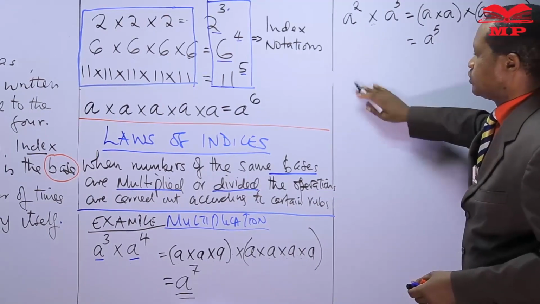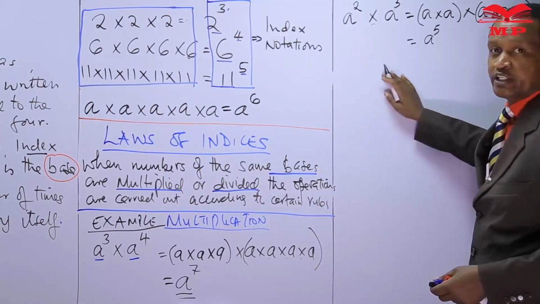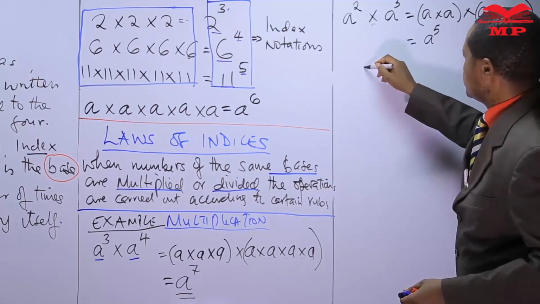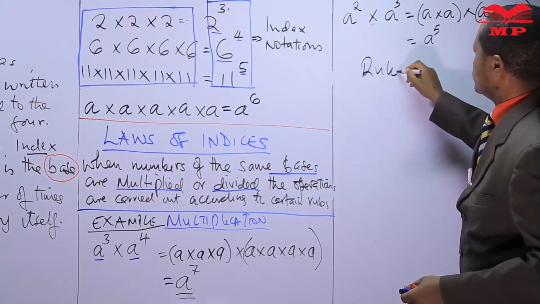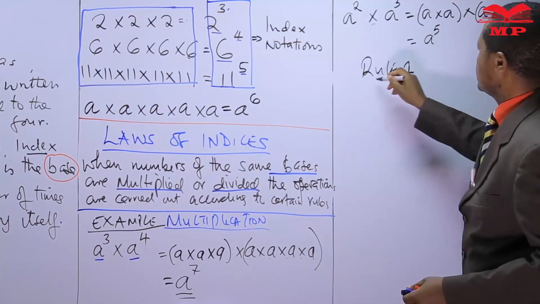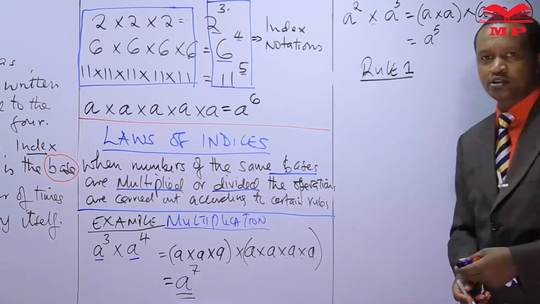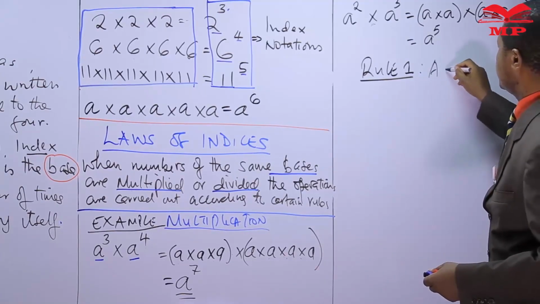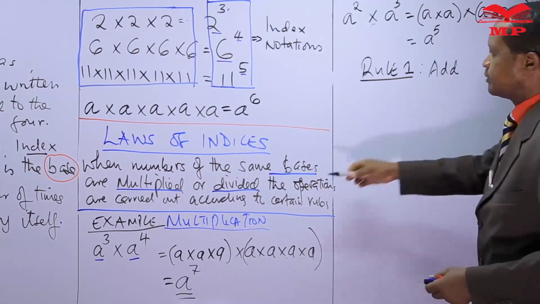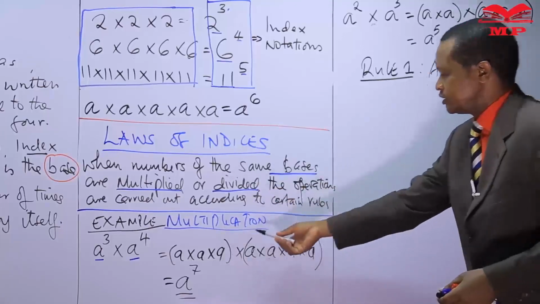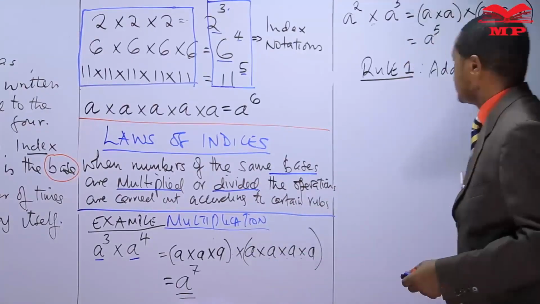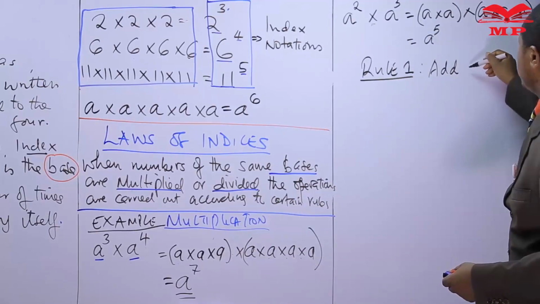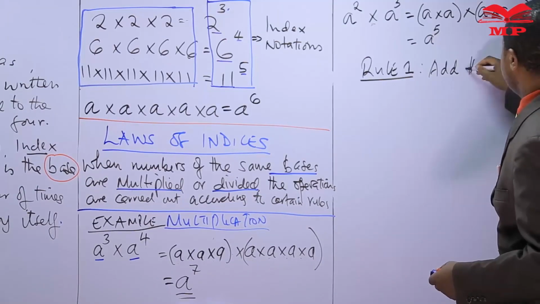The first rule or law of indices, which you can call rule 1, is add when you are multiplying. Remember, we are discussing multiplication. In rule 1, add the indices.